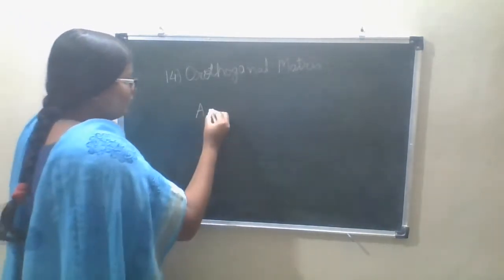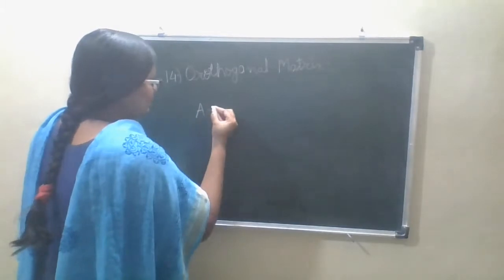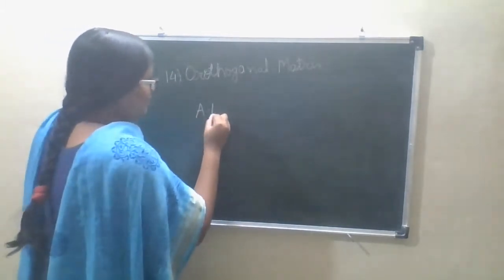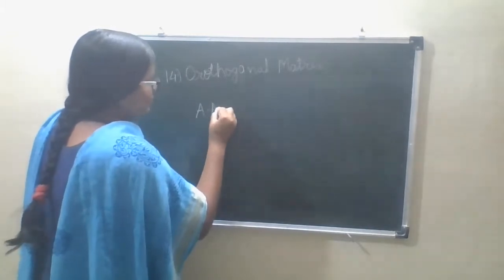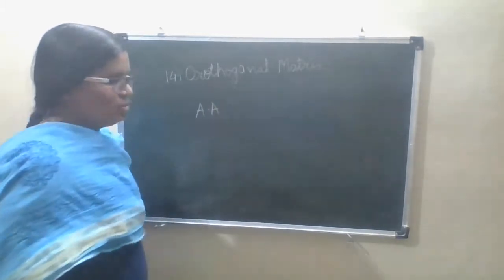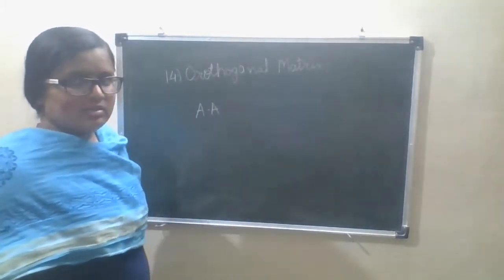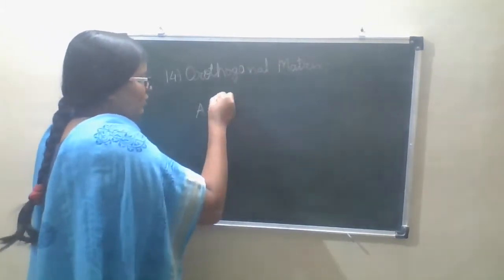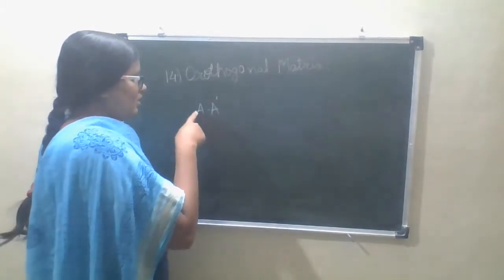Then what I will do, I will multiply that matrix by another matrix which is the transpose of this matrix.